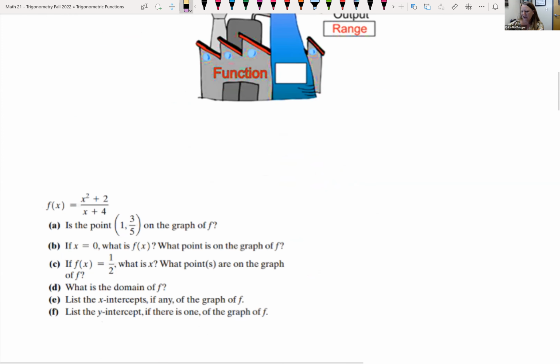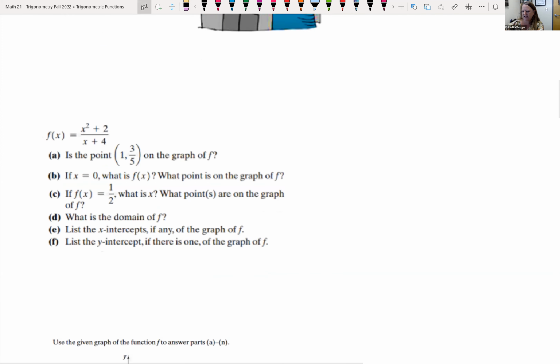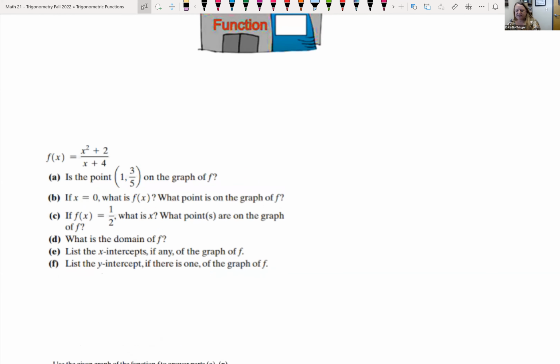Okay, so here is an example in front of us. It says f of x equals x squared plus 2 over x plus 4. The question wants to know: is (1, 3/5) on the graph of f? If we're given a point that is on the graph of that function, it satisfies the function.